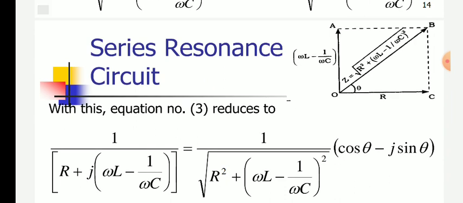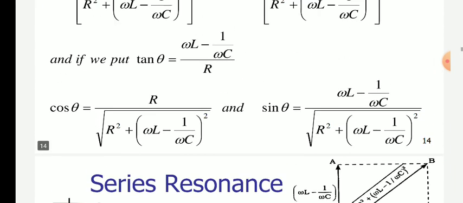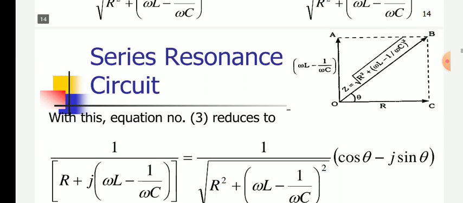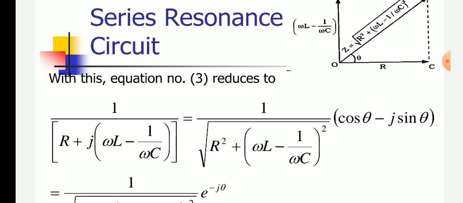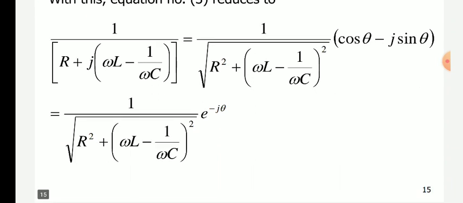So on defining tan theta, cos theta and sin theta, equation number 3 is reduced to this form: 1 divided by the square root of R squared plus bracket omega L minus 1 over omega C whole squared, into cos theta minus j sin theta.